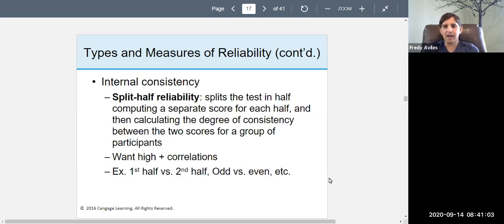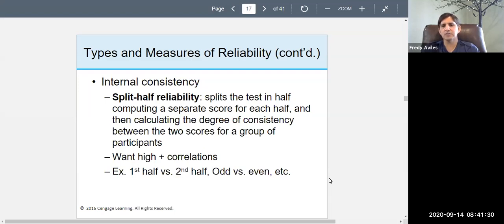Again, you want high positive correlations. You want your correlations to be near +1, not -1. Negative wouldn't help you, and not correlations near 0 either. You want high positive correlations. You can look at the first half of the test versus the second half. You can take the odd questions on the test and compare those to the even questions. That's split half reliability.